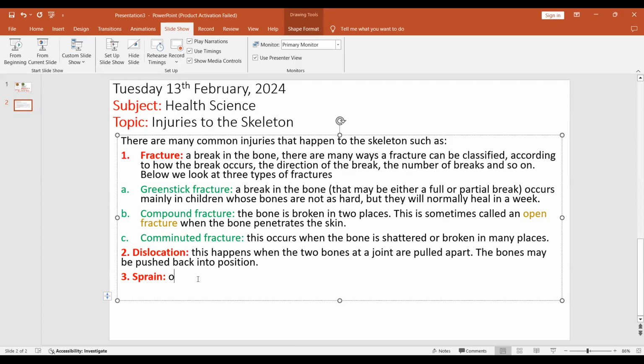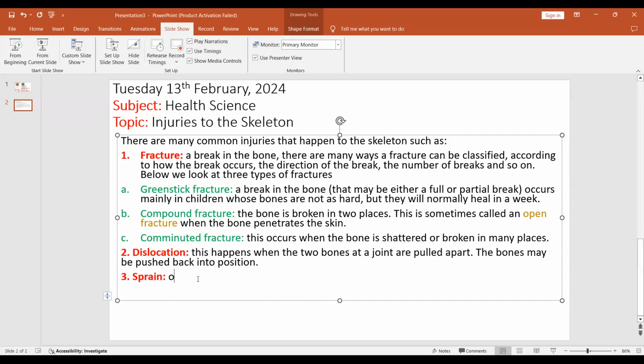Okay. So a sprain occurs when the ligament. Now ligament, does the ligament join bone to bone or bone to muscle? Bone to muscle. Nope. Ligaments join what? Bone to bone. Bone to bone. What joins bone to muscle?